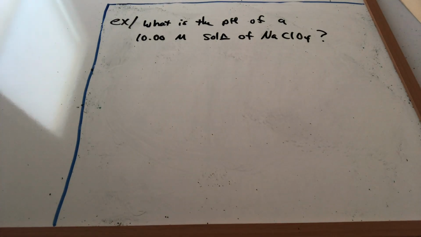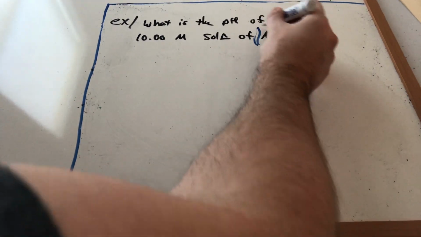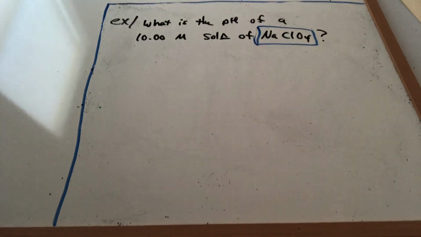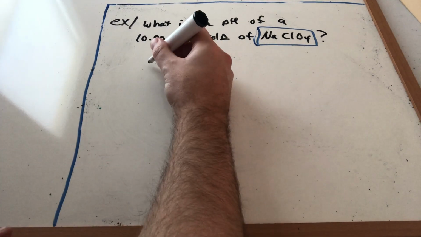Okay. Thought process again. What's in solution? Is it an acid, a base, or a salt? And so hopefully everybody can recognize that as sodium perchlorate from last semester, from this semester.